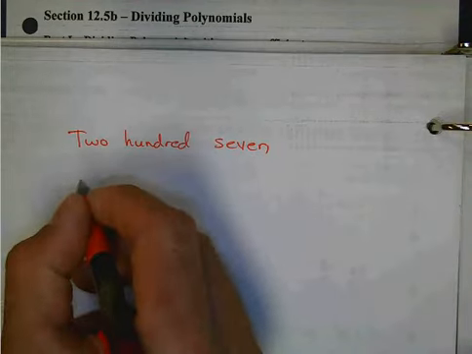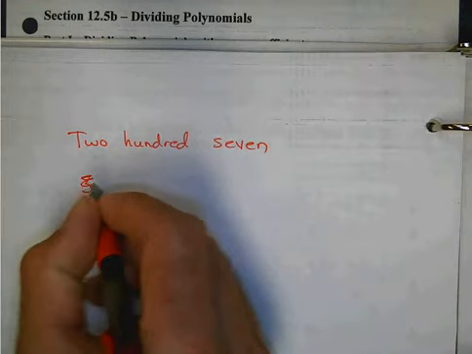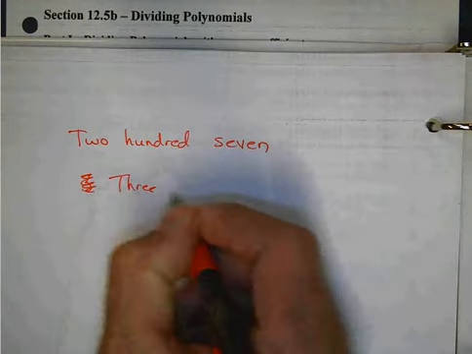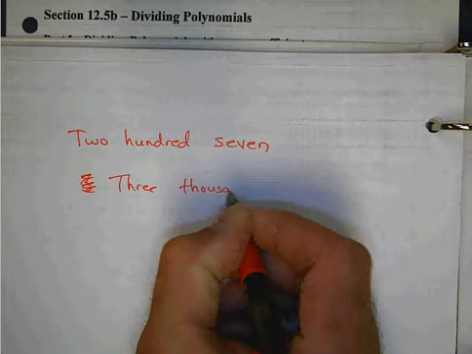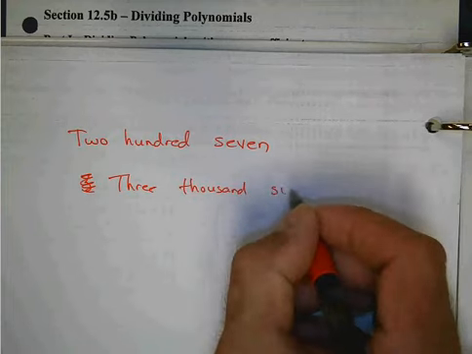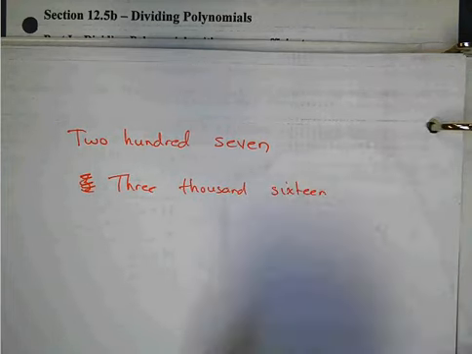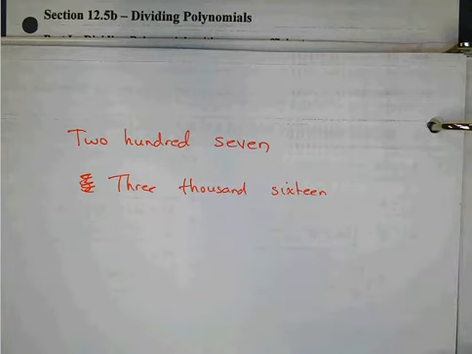Then write down the number 3,016. Write those two numbers down.